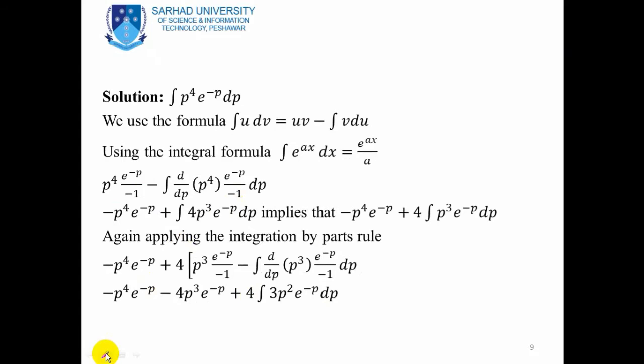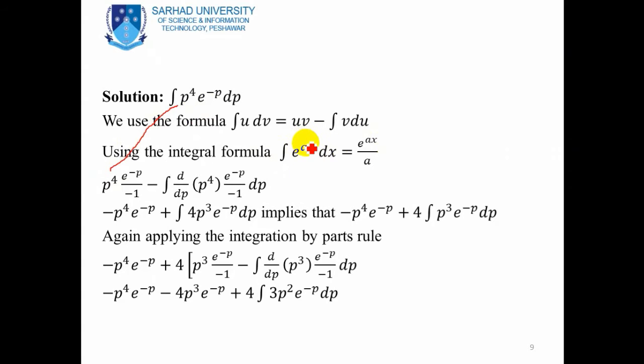So you see over here, the first function is as it is, like in this formula, p power 4 as it is, and then the integration of the second function. I have already told you in these references that the integration of e power ax with respect to x is equal to the exponential function as it is, divided by the result obtained from the further derivative of the argument.